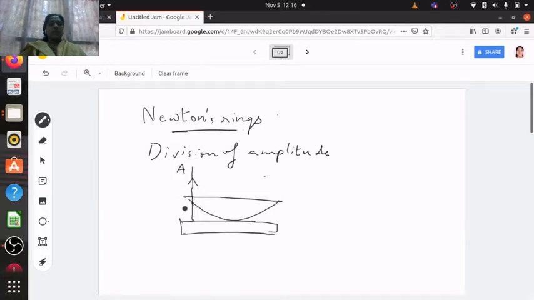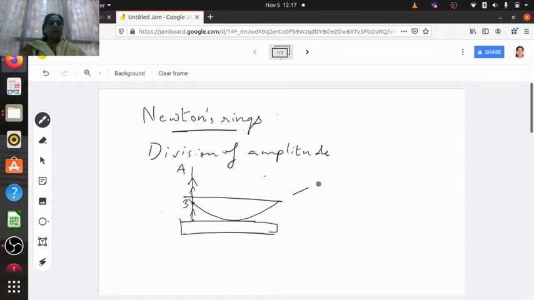Say AB is the incident ray, and from B it will be reflected through the same path, and after reaching the lower surface it will be again partially reflected and will travel the same path. The interference is produced between rays reflected from the upper and lower surfaces of the air film that is formed between this convex lens and a plain glass plate.